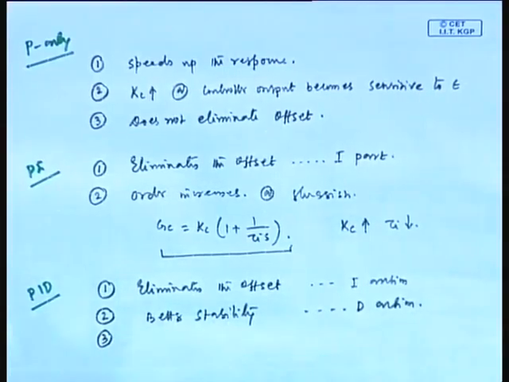Third point is, if error is constant, then there is no derivative action, because d epsilon dt is zero.